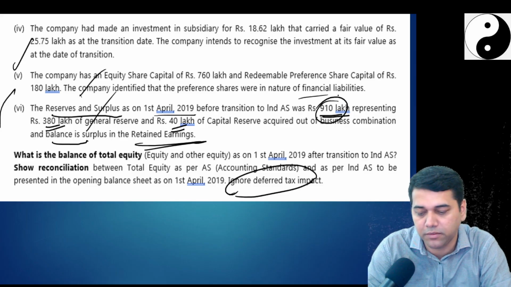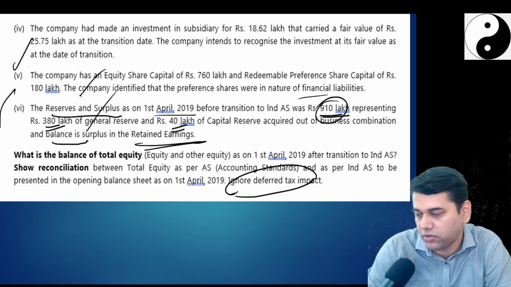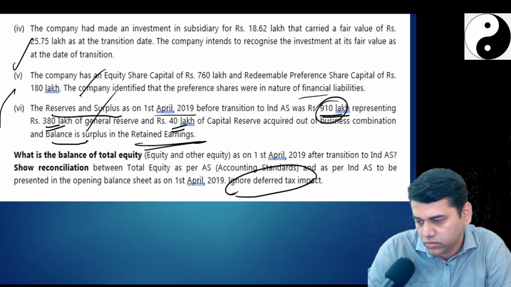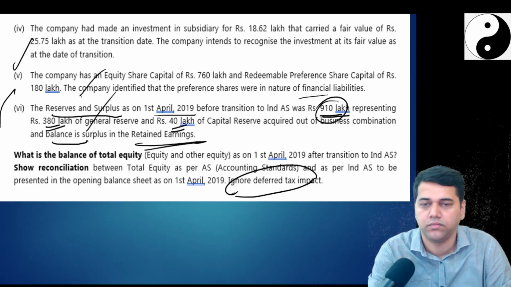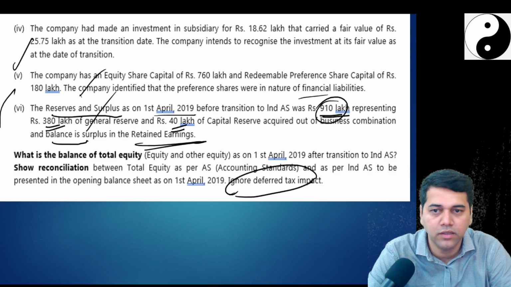If I take this breakup, 910 minus 380 minus 40, it comes to 490. It is part of the reserve, they said. So in total, you should be getting 380 plus 40. Yeah, understood. Okay, now let us go with the suggested answer.